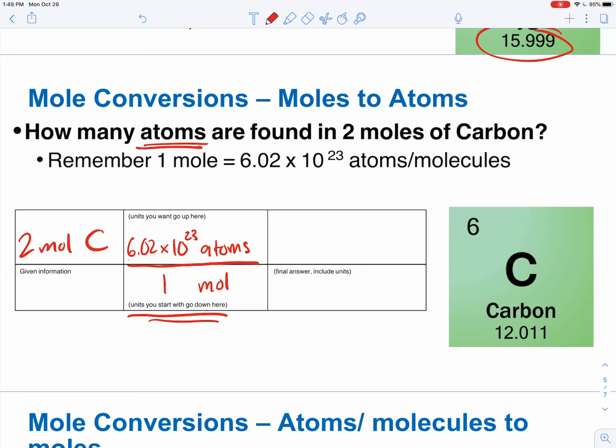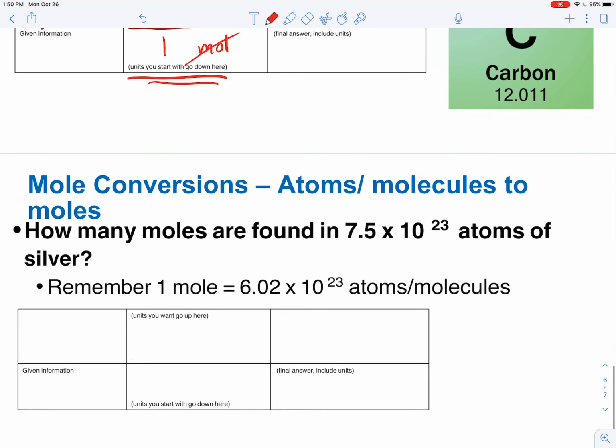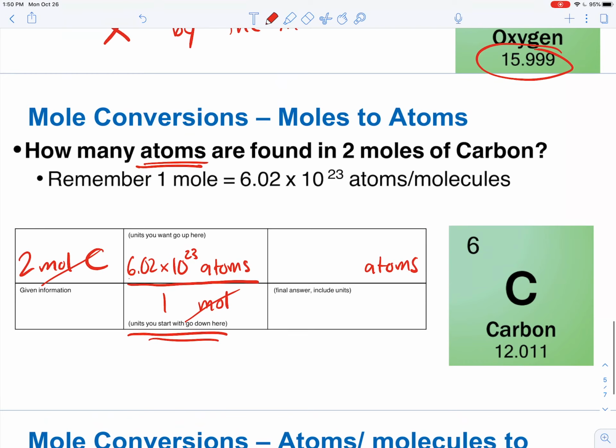Remember, the units that we start with go back on the bottom. So if I started with moles, I'm going to put the moles back down here. Then our final answer should be in the units we want, atoms. All we have to do here is multiply these 2 numbers, and we get 1.2 times 10 to the 24th atoms.